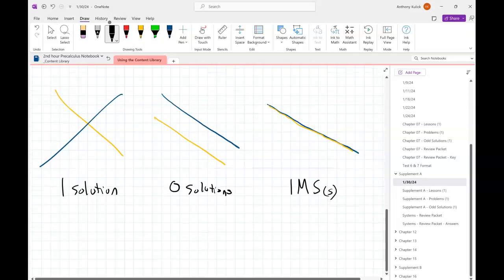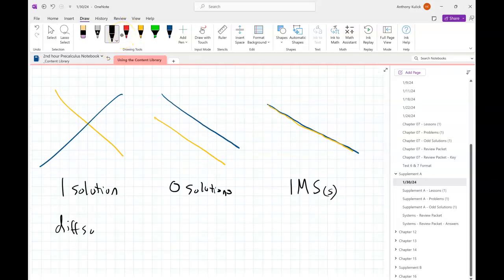Okay. So if my lines have different slopes, I'm always going to have one solution, right? If I have 0 solutions, if they're parallel, they must have equal slopes, right?